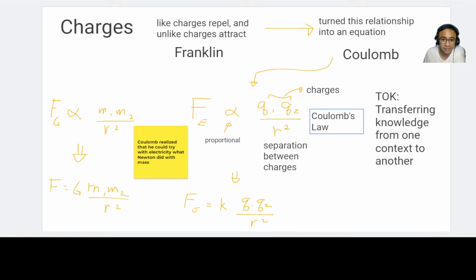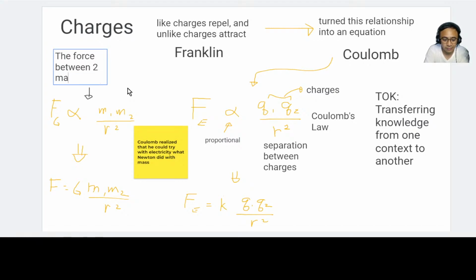So going back here, if we state this in statement form, what does this mean? The force between two masses depends on the product of the masses and the square of the distance between them.